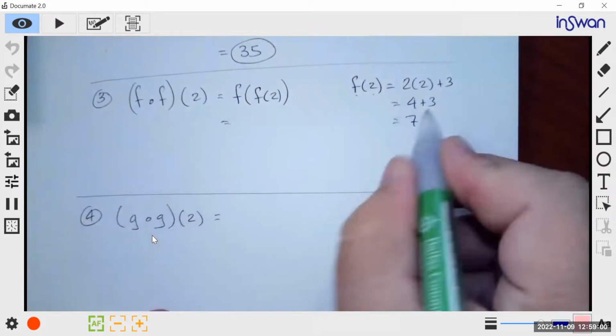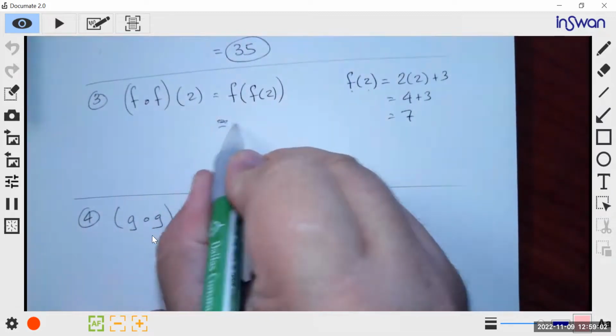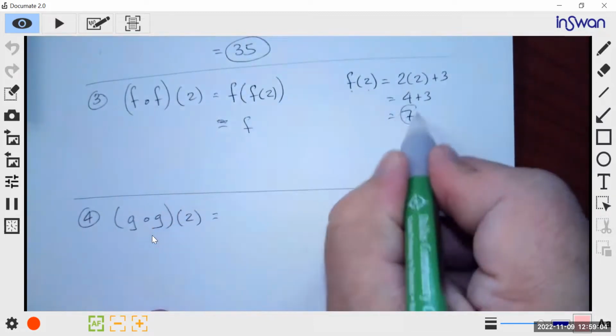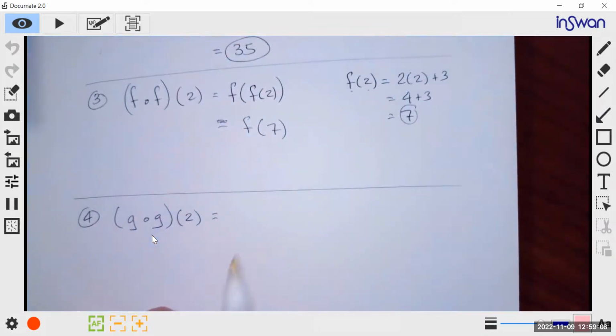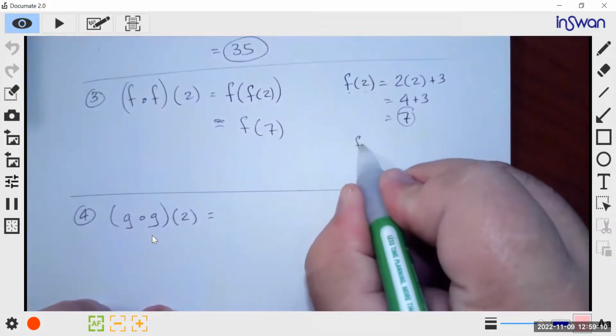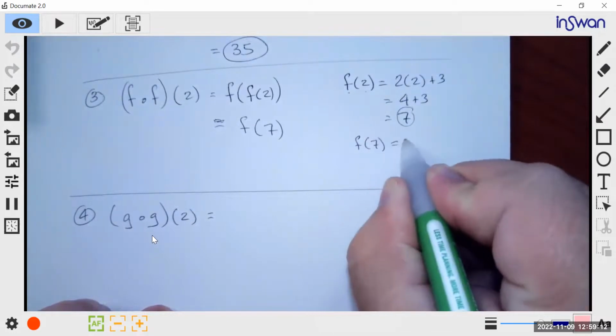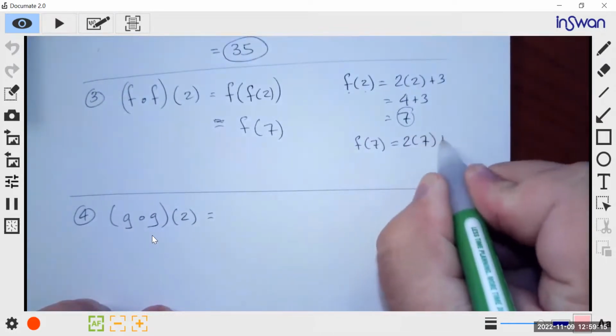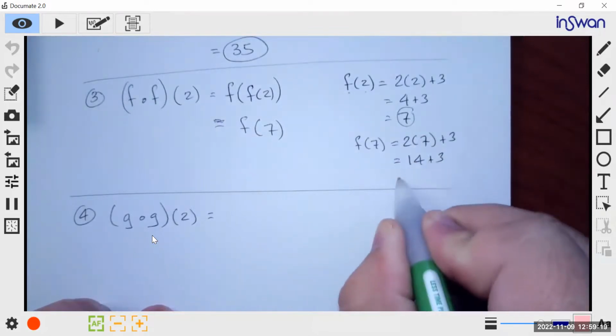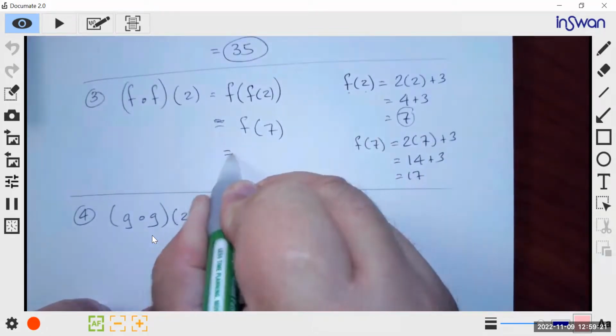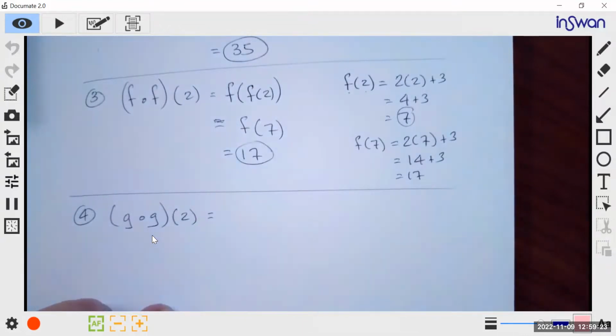Since f of 2 is 7, this value now goes inside here. I repeat the process, f of 7. 2 times 7 plus 3. 14 plus 3 is 17. There's the answer.